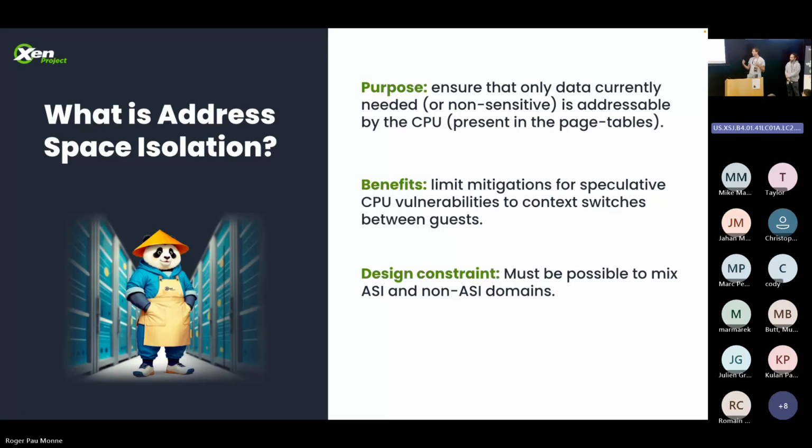So in that use case, we would like to run DOM0 without address space isolation so that we still have the benefits of being faster, and all the other guests using address space isolation. That means that we need to be able to mix and match ASI and non-ASI domains in the same system.